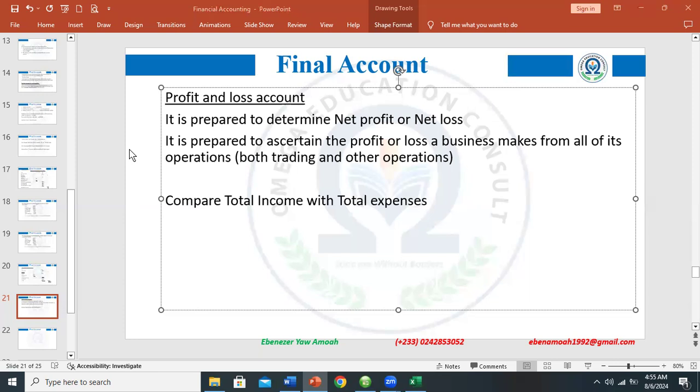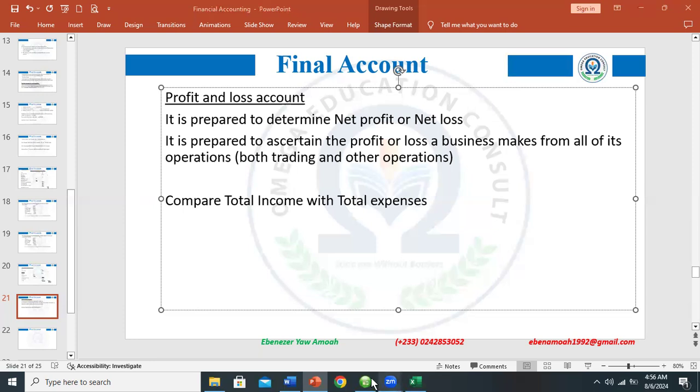Sometimes you have to call your customers or suppliers, so that's the telephone bills. Sometimes you have to post certain things to customers or suppliers, so postage expenses as well. Maintenance, okay, cleaning expenses. So expenses are all the associated costs of doing business, right?